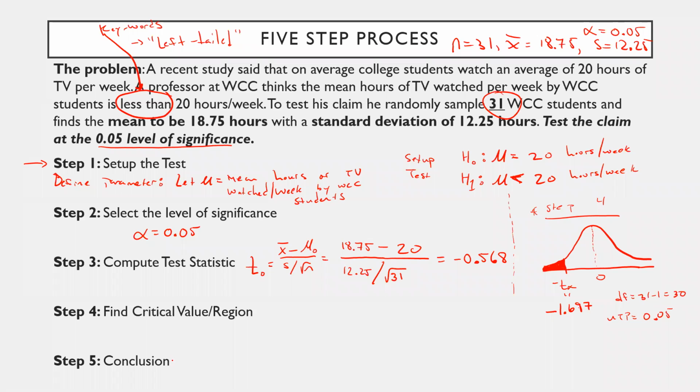So now you need to form a conclusion here. The way I do this with the critical value approach is I take this number here and I treat this as a number line. So here's 0, here's negative 1.697. Negative 0.568 has got to be right here.